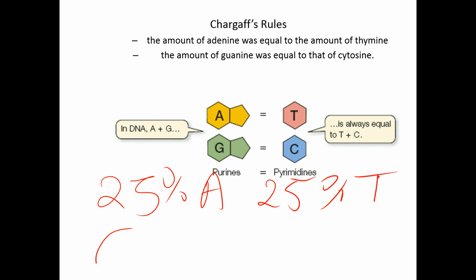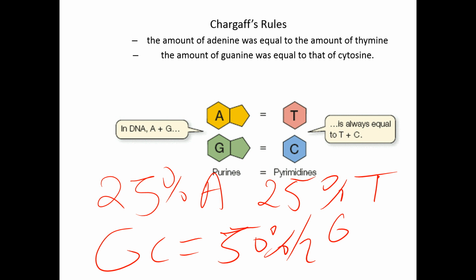That means that guanine and cytosine comprise a total of 50%. What about for each? The amount of guanine is equivalent to the amount of cytosine, so you divide that by half. So the amount of guanine is 25%, and the amount of cytosine is 25%.